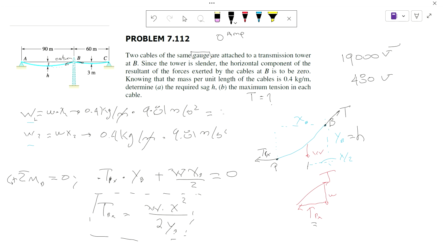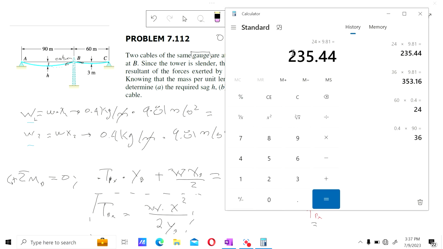So this one is going to be easier. 9.81 times 0.4, that is 3.92 newtons per meter.